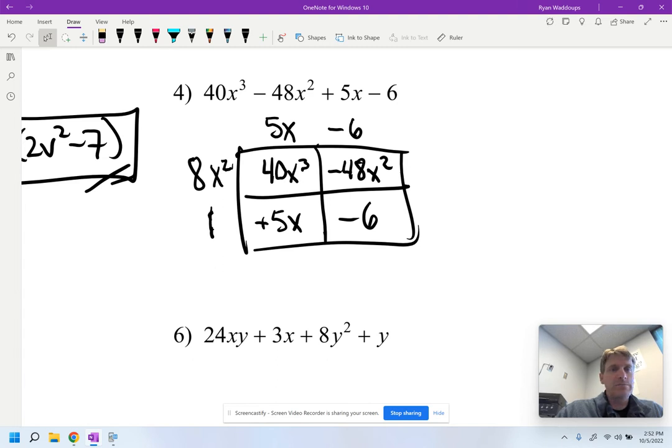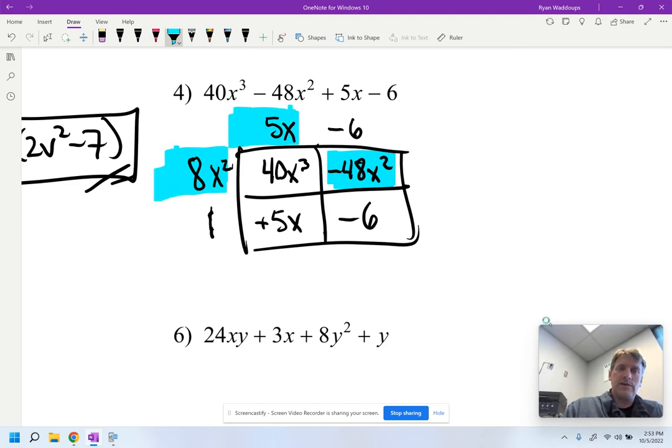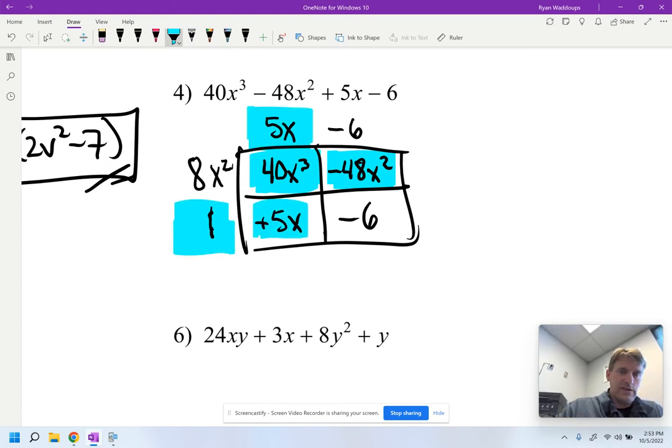And then I'm going to multiply it out. Just say, hey, 6 times 8x squared is minus 48x squared. Yes. 8x squared times 5x is 40x cubed. 8 times 5, 40, x squared times x, yes. 1 times 5x is 5x, so yes.